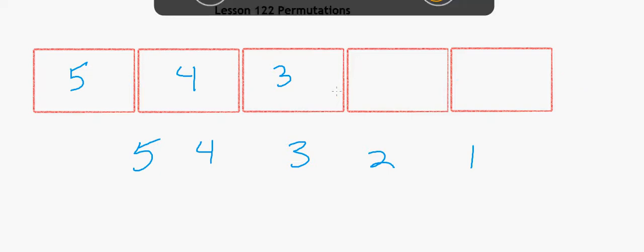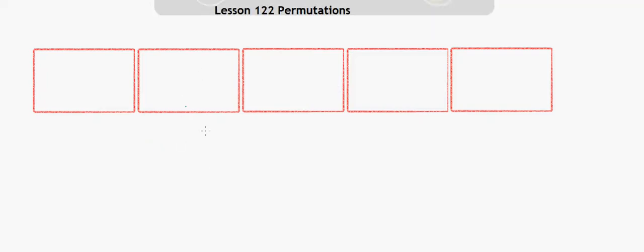There's an easier way to write 5 times 4 times 3 times 2 times 1. You can just write that with the notation, believe it or not, 5 exclamation point, which literally reads as 5 factorial.